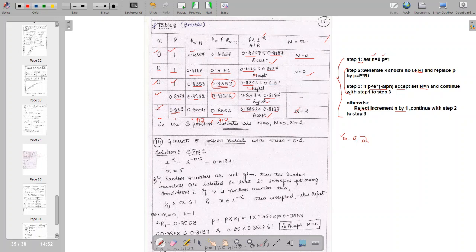No, so reject. So put a dash here. Then increment n by 1, then n will become 1, like that.